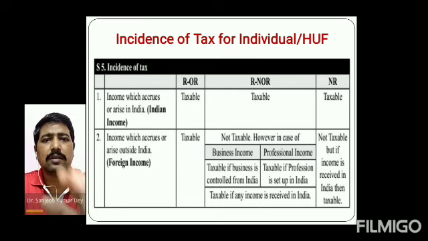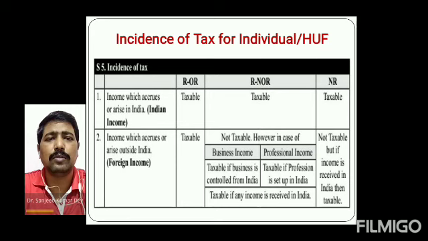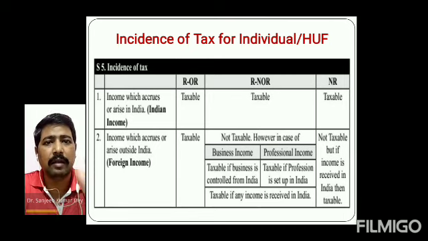When it is foreign income, then a resident and ordinarily resident will always pay tax; if he is an ordinarily resident, foreign income is always taxable. If the individual or HUF is a non-resident, foreign income is not taxable at all, never taxable.